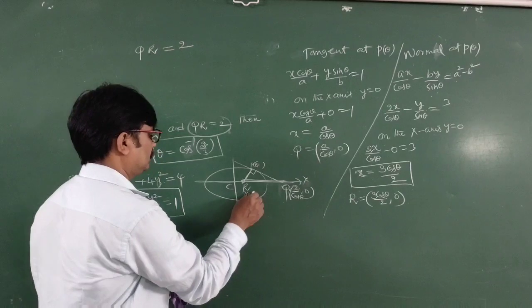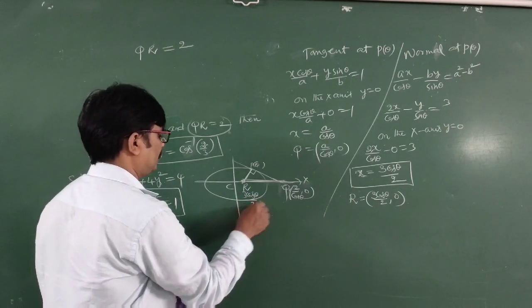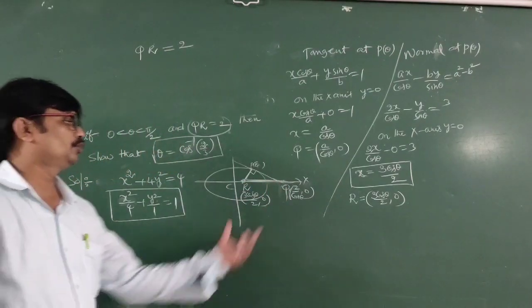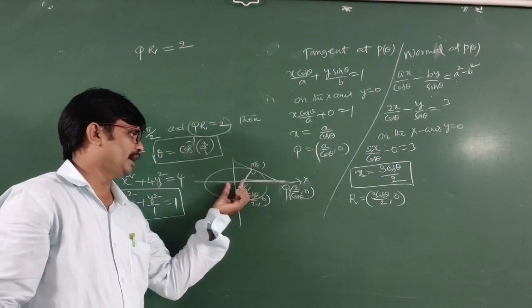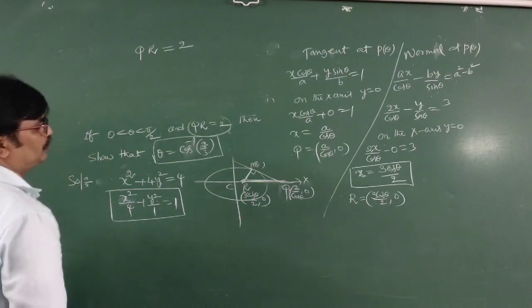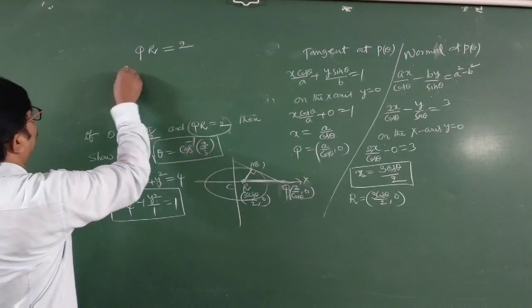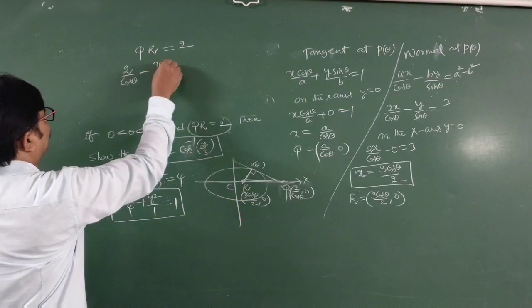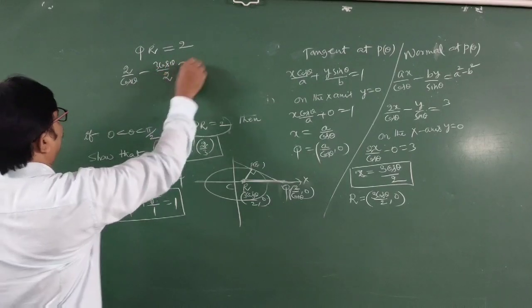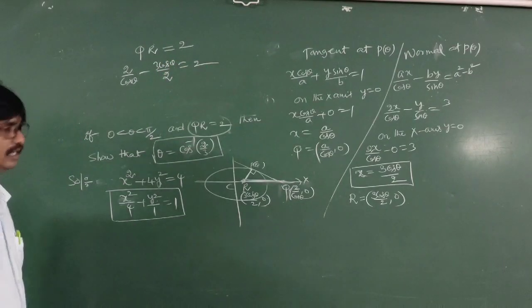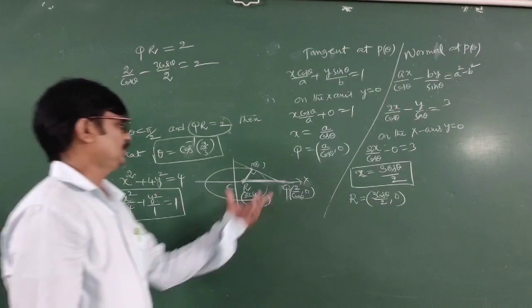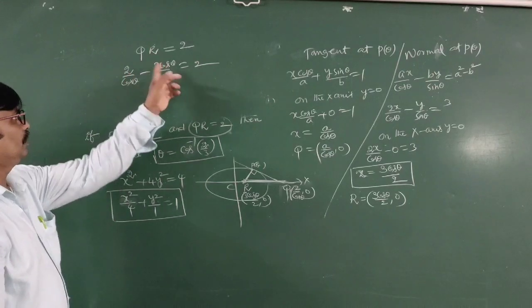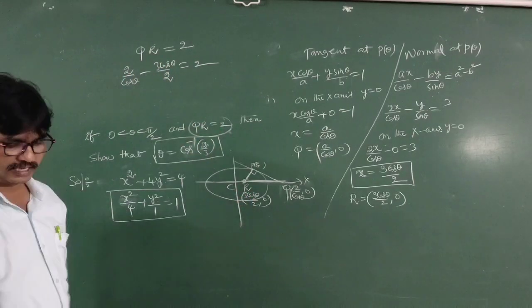R is 3 cos theta by 2 comma 0. The total length QR is CQ minus CR, that is 2 by cos theta minus 3 cos theta by 2 equal to 2. Is it clear students?